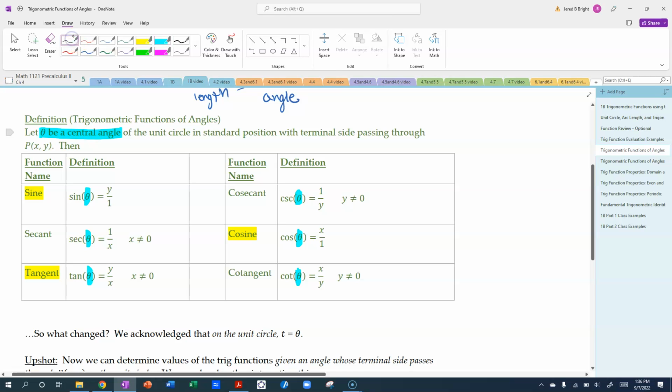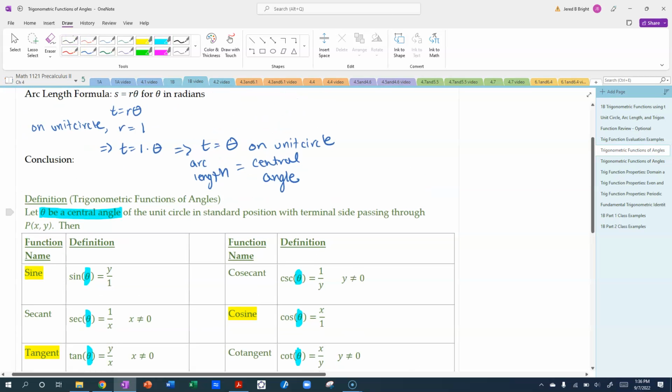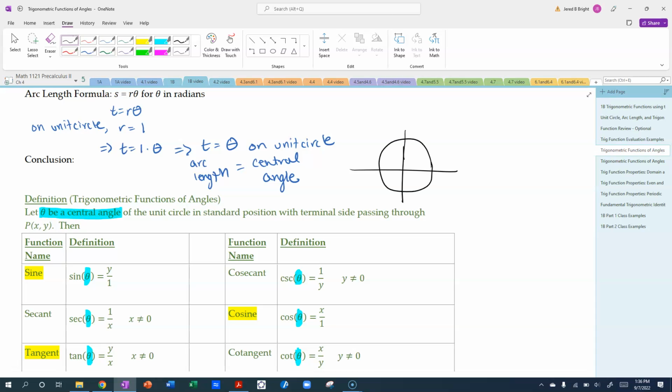Just be aware that when we talk about theta, theta is the central angle, right? So when we're looking at the unit circle, I'll just draw a quick little sketch here. If we have t being from (1, 0) over to this point P, and then t is along there, then theta is the angle here from the positive x-axis up to the terminal side where P intersects the unit circle.